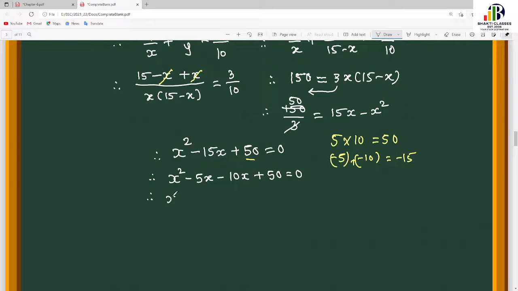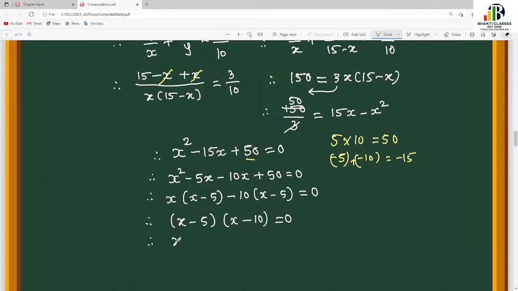So taking x common, we will have x minus 5, minus 10 common, we will have x minus 5 is equal to 0. Therefore, x minus 5, x minus 10 is equal to 0. Therefore, x minus 5 is equal to 0, or x minus 10 is equal to 0.